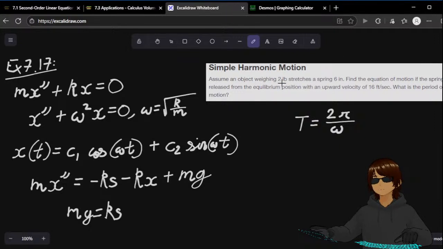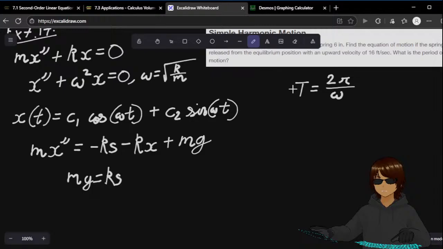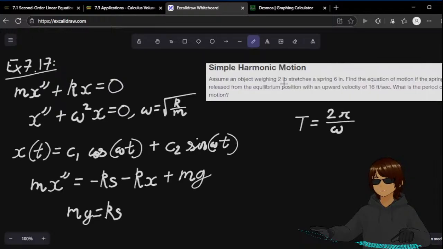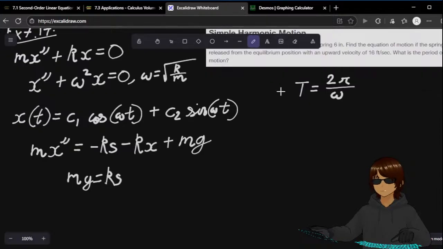Oh, this pound over here is like newtons. This is not mass. Okay, the force is measured in pounds. I forgot that. This pound here is not mass. It's force. Yeah, that changes things a lot.